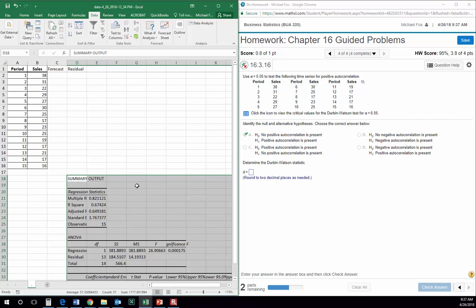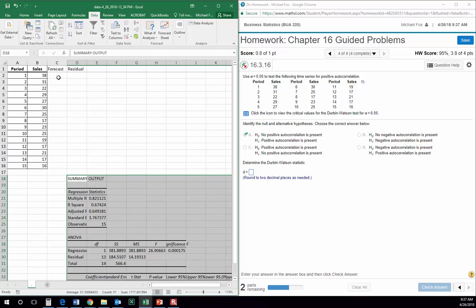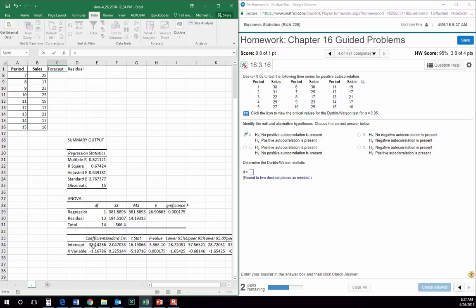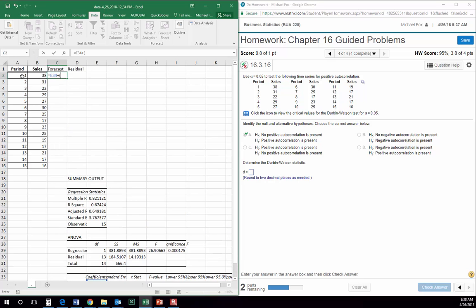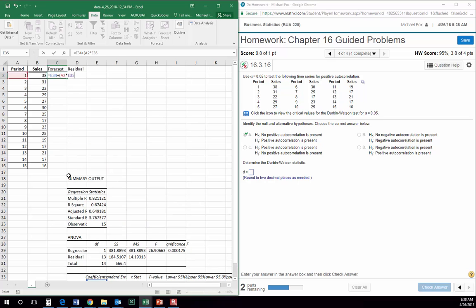And so just like we did in the previous problem, we can now calculate our forecast by saying it equals our y-intercept plus our period times our x variable. I'm sorry, our y-intercept. So our y-intercept plus our period times our x variable.